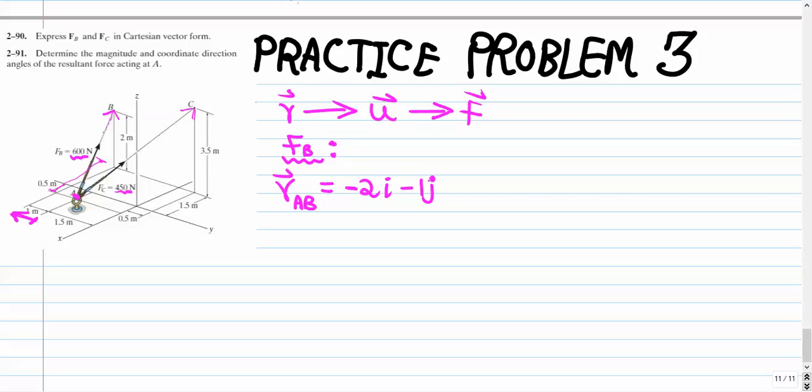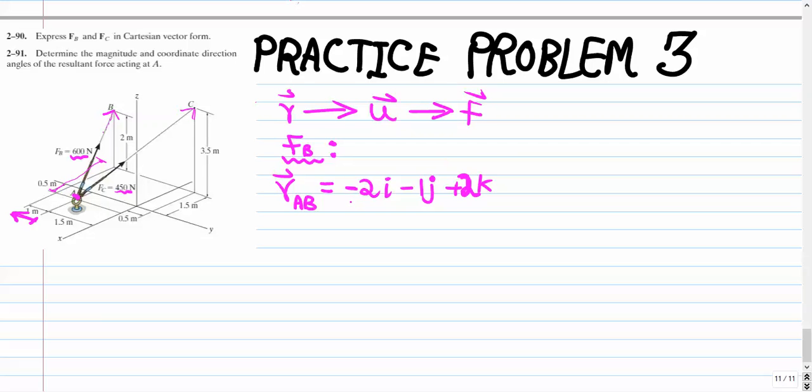And lastly, in the z direction, we can see that the force vector, or the length vector AB, travels 2 meters in the positive z direction. That means the last part is going to be plus 2k. So this is our length vector from the point A to the point B.